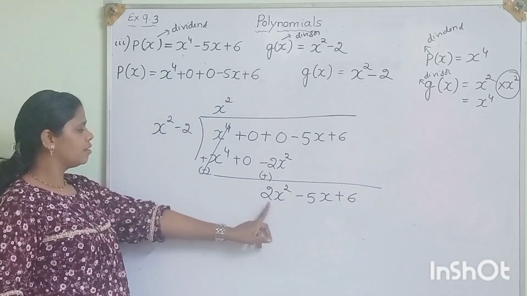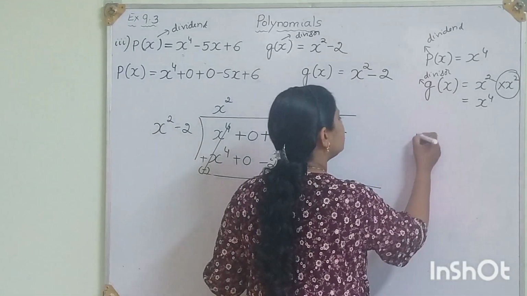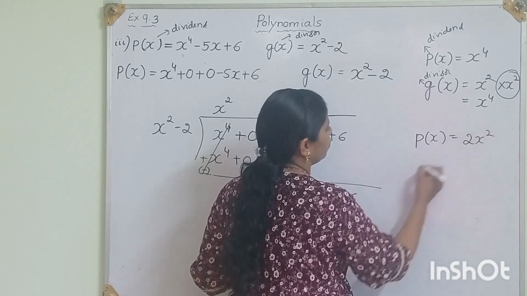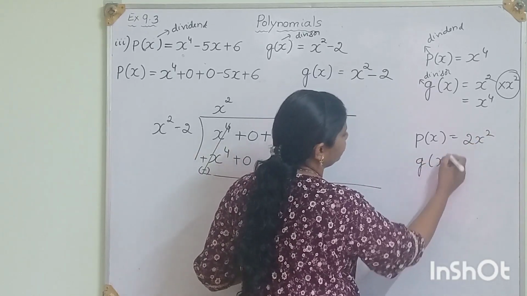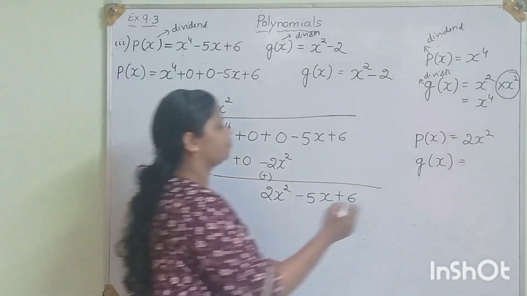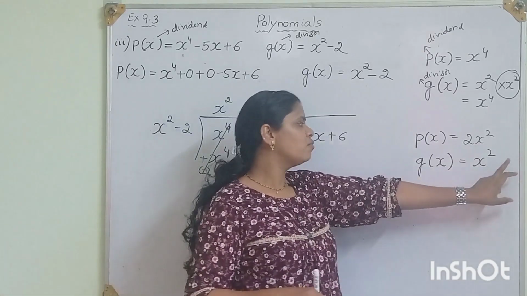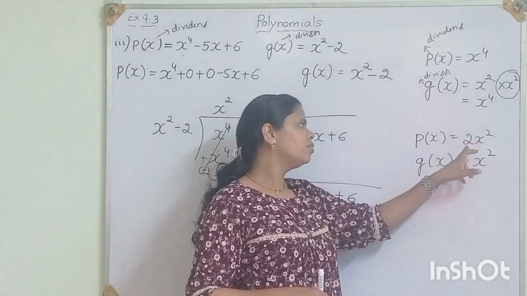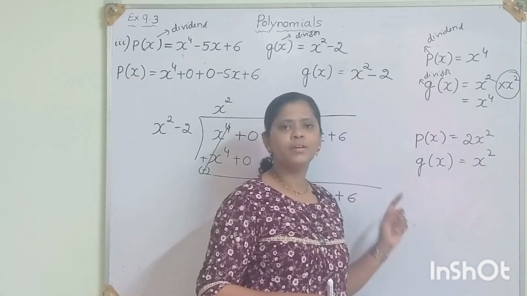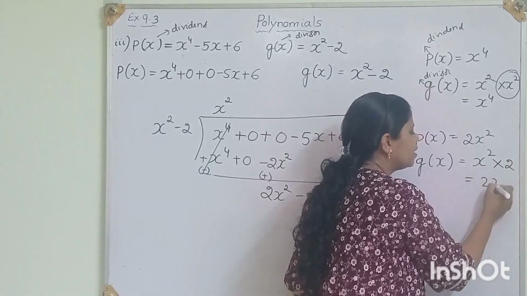The first term of P of x is 2x square, and the first term of G of x is x square. Now, what do I have to multiply here to get 2x square as answer? X square is already there, so we have to multiply it by 2 to get 2x square.